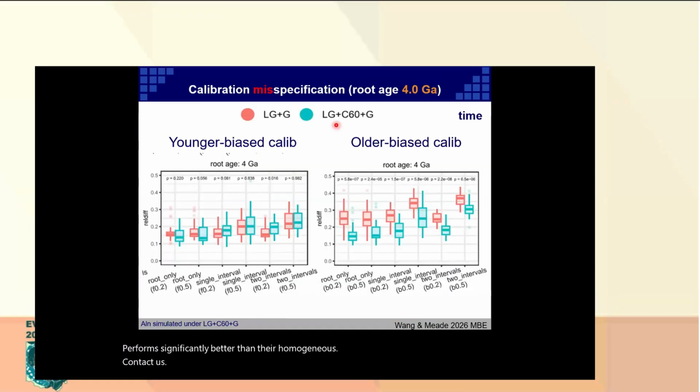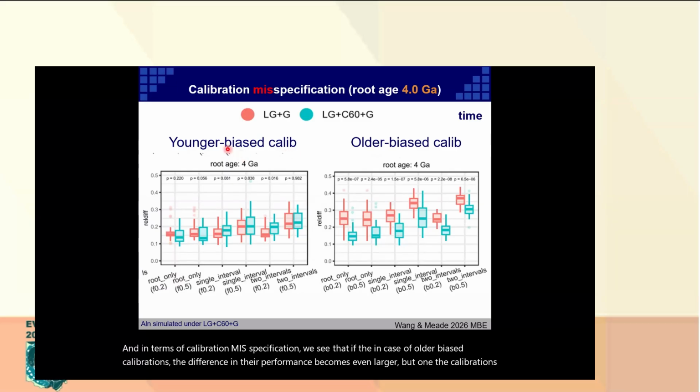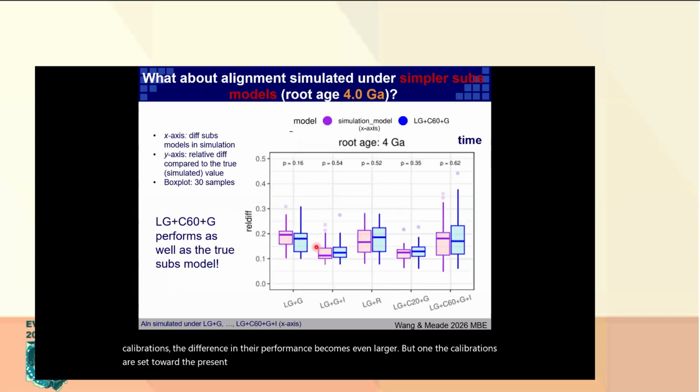And in terms of calibration misspecification, we see that in case of older biased calibrations, the difference in their performance becomes even larger. But when the calibrations are set toward the present, they behave very similarly.